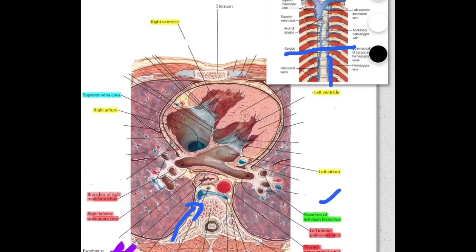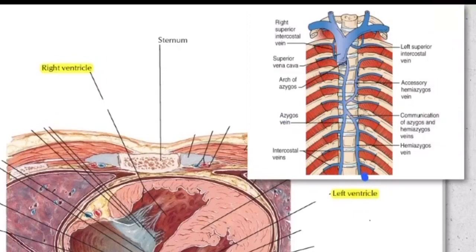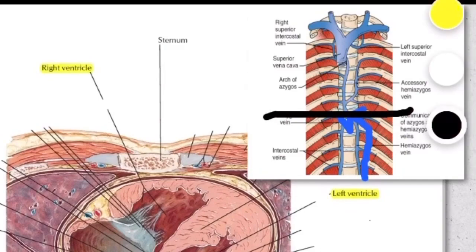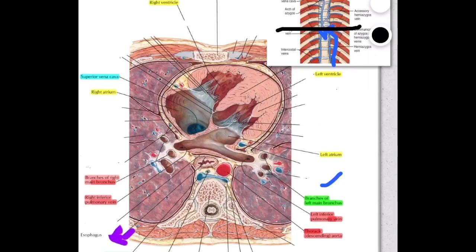So this particular vein is the hemiazygous, and we can see it draining into the azygous. This is the hemiazygous ascending up and draining into the azygous, so the section must have been taken at the level where it is draining. That is why you can see this.